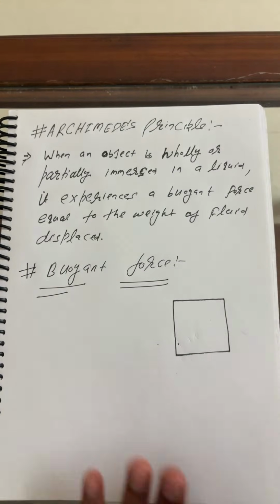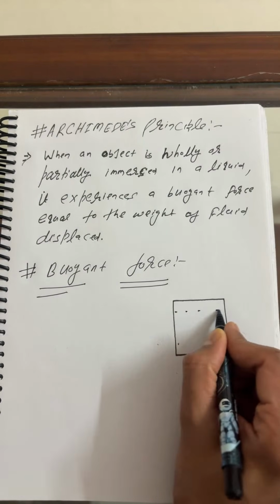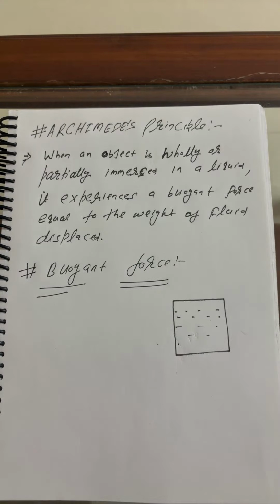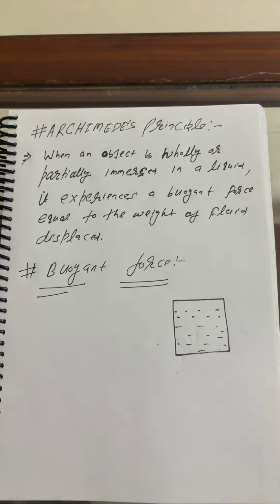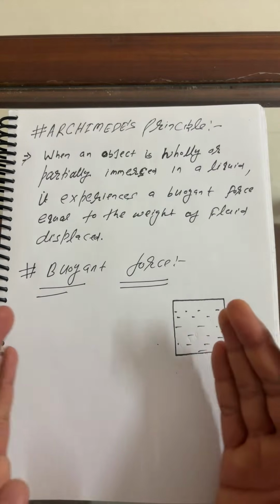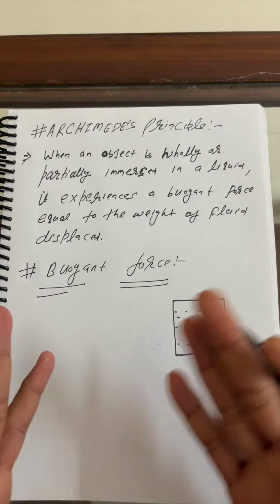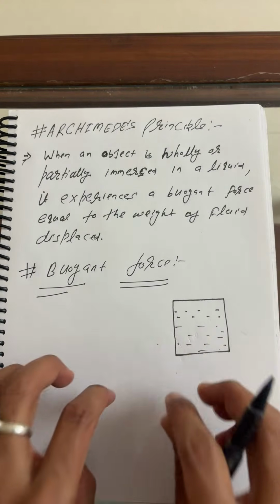Let us suppose, beta, this is the container which is completely filled with liquid. If you watched yesterday's lecture, where I explained pressure variation in different ways, then you can understand this concept easily.